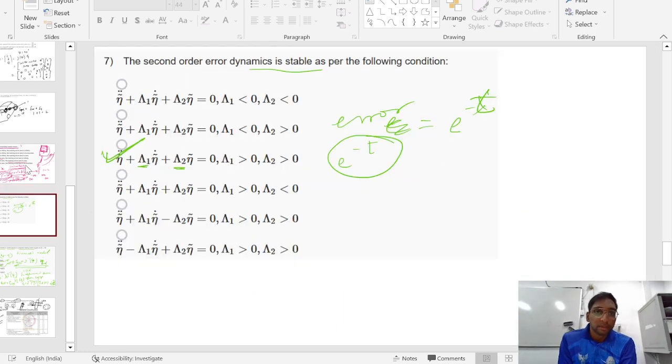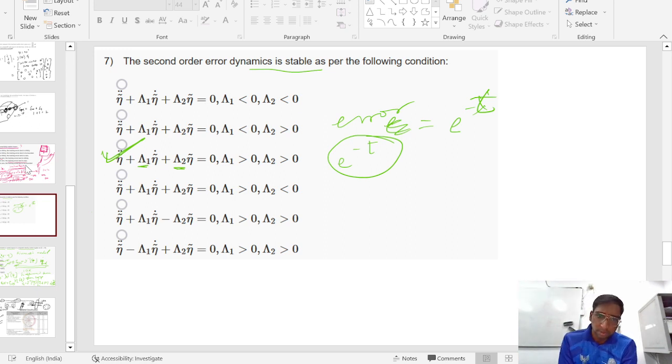Okay, so second order error dynamics are stable as per the following condition. Okay, so this is the condition. The symbol, I don't know what to call it, maybe it's gamma 1. Let's call it gamma 1 and gamma 2, should be greater than 0. Why?